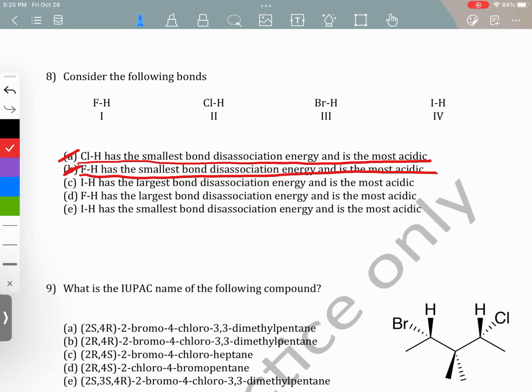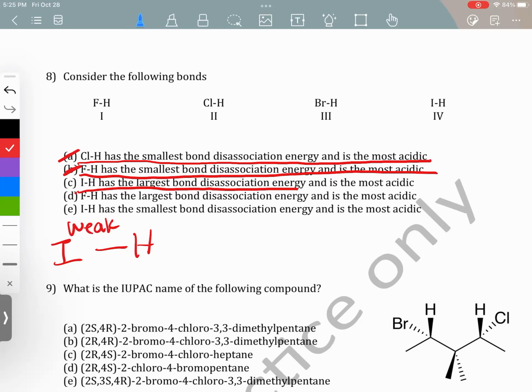C says IH has the largest bond dissociation energy and is most acidic. Could that be true? No, you're right. It's not true. IH is a what bond? Strong or weak? Weak. Right. It's a very weak bond because the iodine is a huge atom.